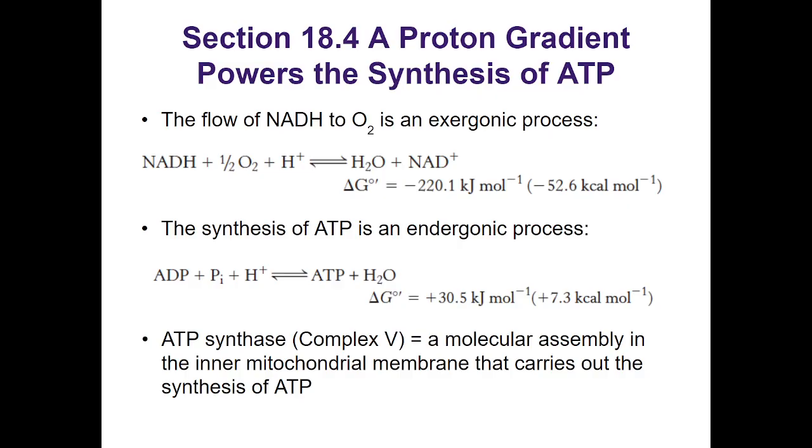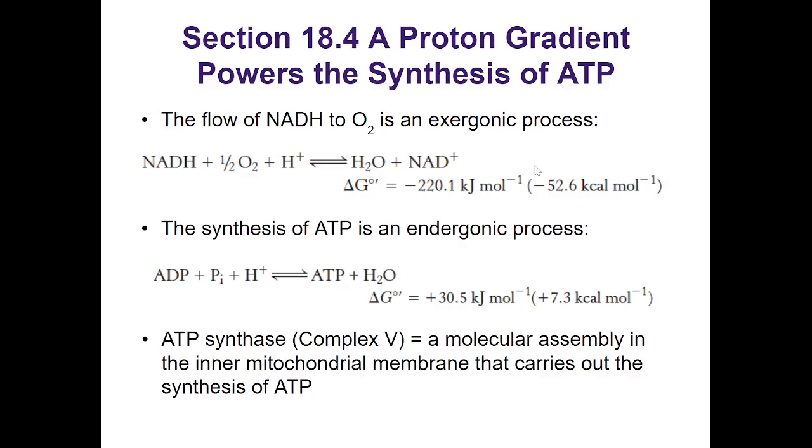So the flow of the NADH to O2 is going to be an exergonic process. Your NADH plus 1/2 O2 plus H plus is going to give you water and NAD plus. And this right here is a delta G naught prime of negative 220.1 kilojoules per mole. Everybody okay with that? Okay.